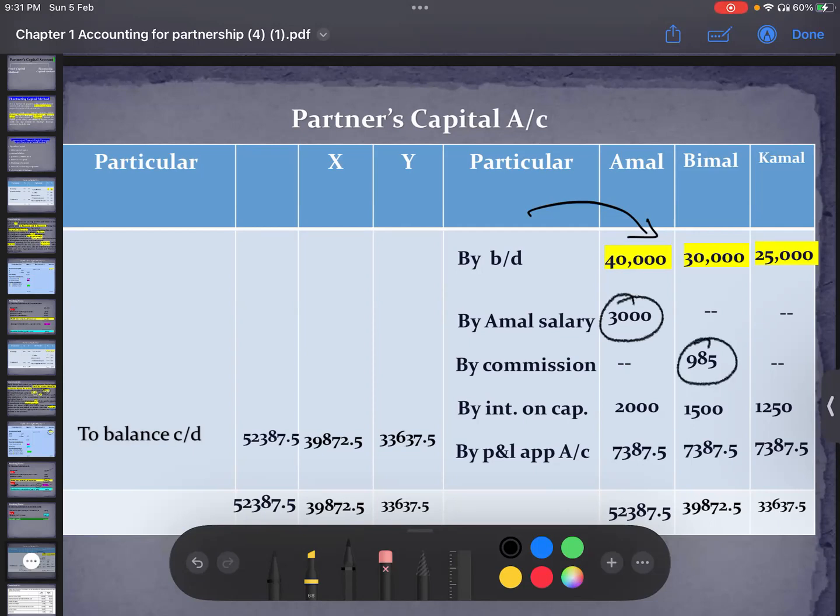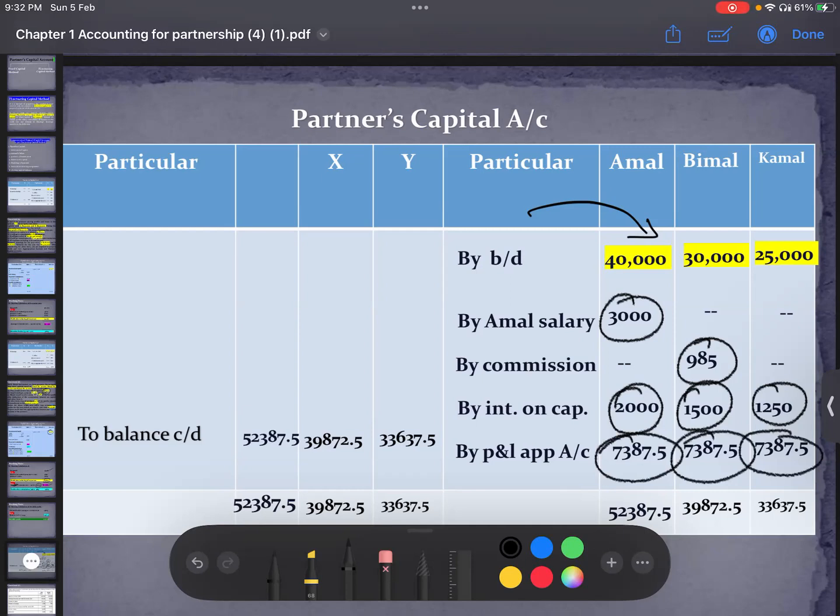Bimal will be getting a commission of 985. Interest on capital will be paid to all the partners. All these values have been transferred from the P&L appropriation only. Then we'll transfer the profit as well, 7,387.5, and this is it.